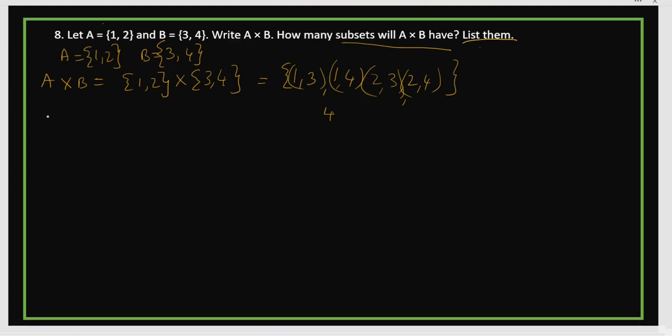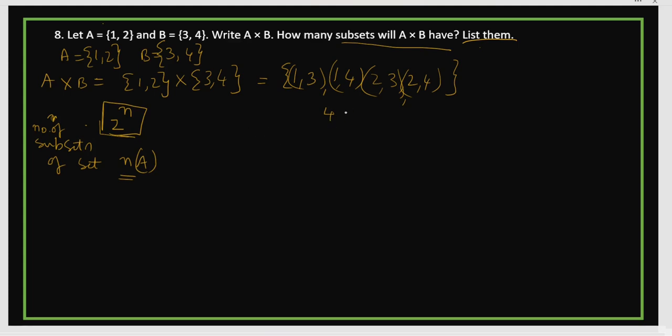So what is the number of subsets? 2 raised to n is the number of subsets of a set A with n elements. That means if n elements are in A, then 2 raised to n is the number of possible subsets.